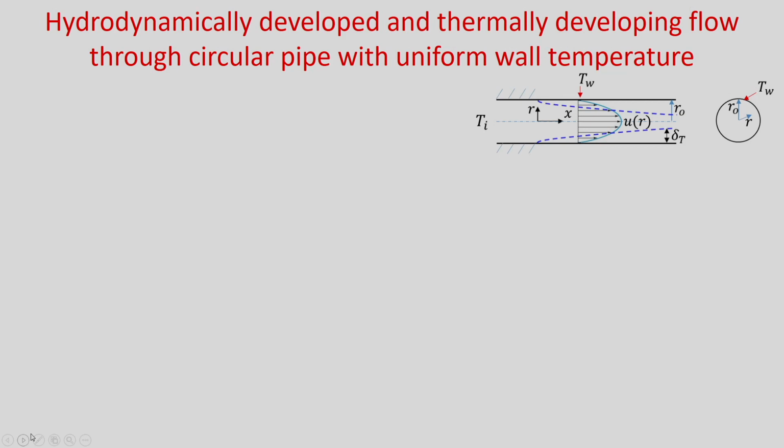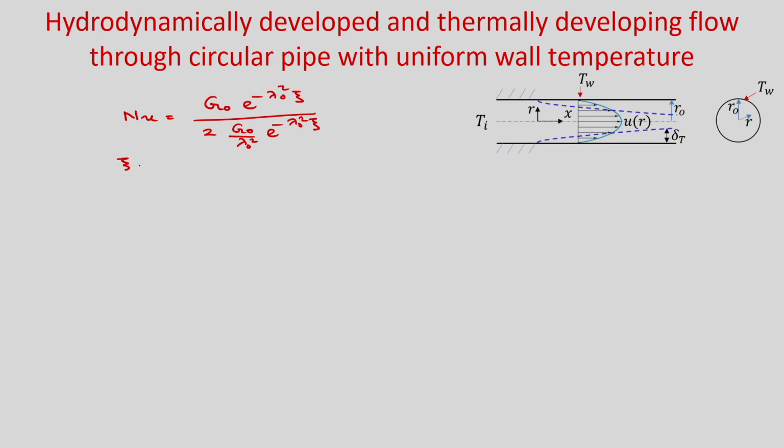Now see the limiting case, at x tends to infinity. The Nusselt number is G0 e to the power minus lambda 0 square xi divided by 2 into G0 by lambda 0 square e to the power minus lambda 0 square xi.